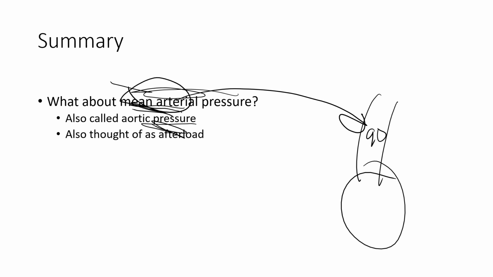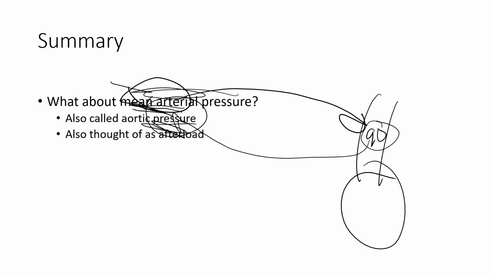And aortic pressure can really just be termed mean arterial pressure. And aortic pressure, or mean arterial pressure, which is 90 millimeters of mercury, equals, or is, the afterload, the amount of pressure that the left ventricle has to pump against. So you actually can use all of these terms, mean arterial pressure, aortic pressure, and afterload, synonymously. And oftentimes they are.